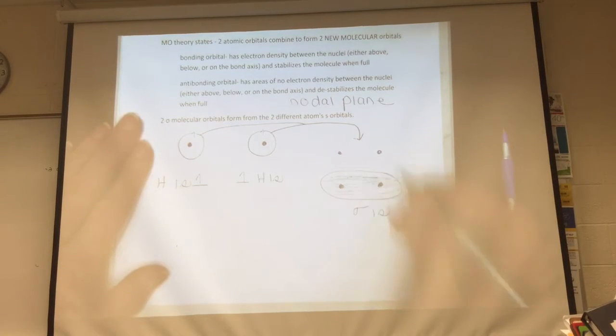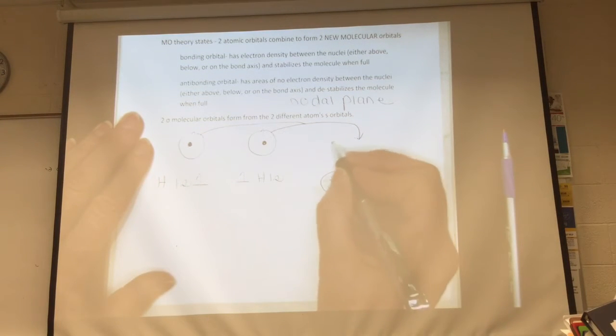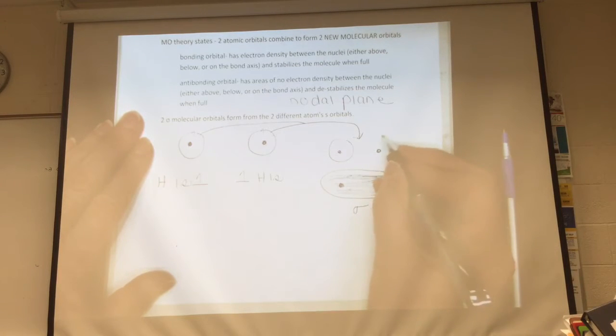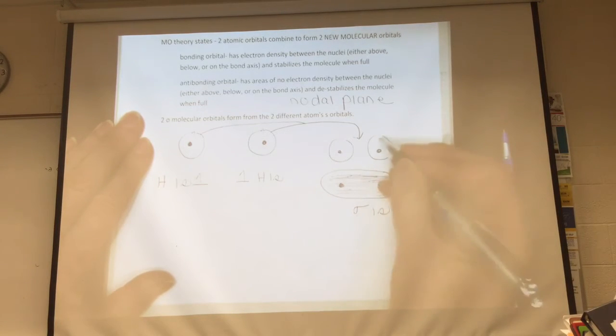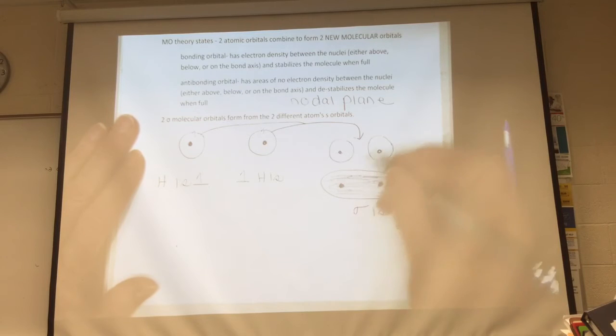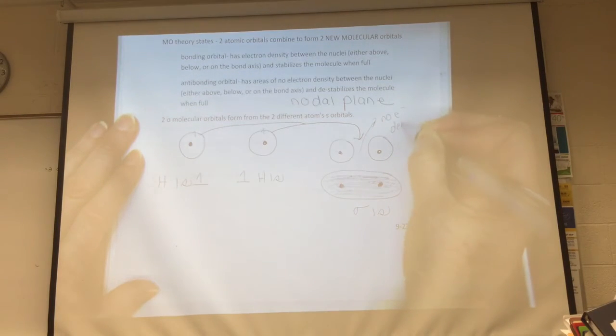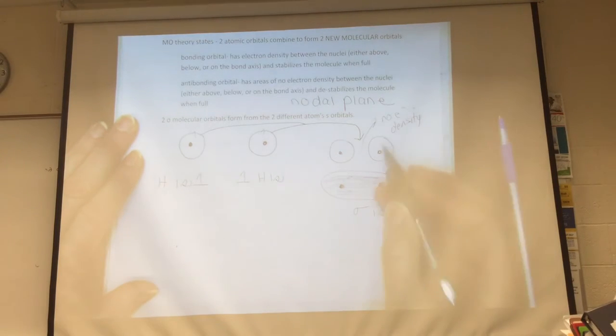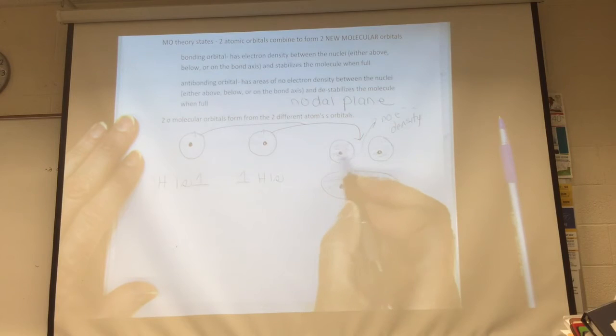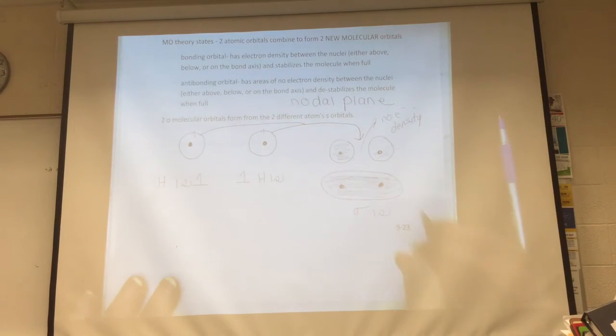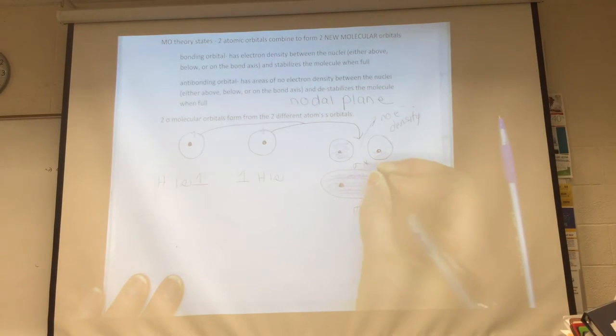It also makes another orbital that has two lobes. These lobes have a nodal plane between them. This white space on the paper, there is no electron density in here, so it's a nodal plane. And we have electron density in this area. And this orbital with the two lobes is called the sigma star 1s.